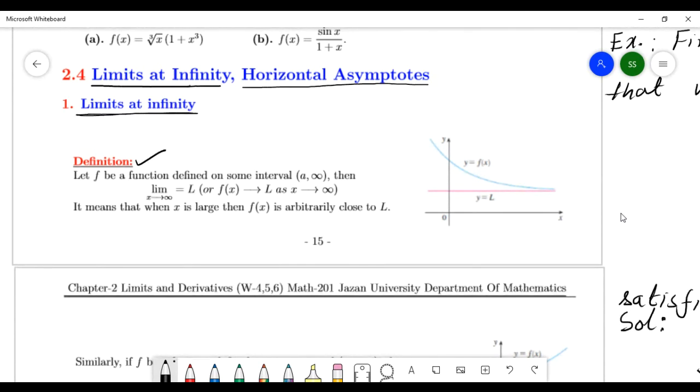Let f be a function defined on some interval (a, infinity).